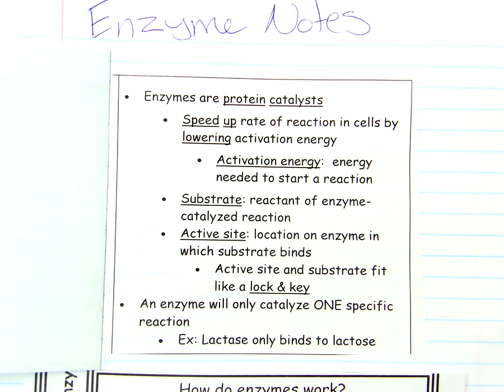They speed up the rate of reactions that occur inside of your cells by lowering activation energy. Our definition of activation energy is the energy needed to start a reaction.